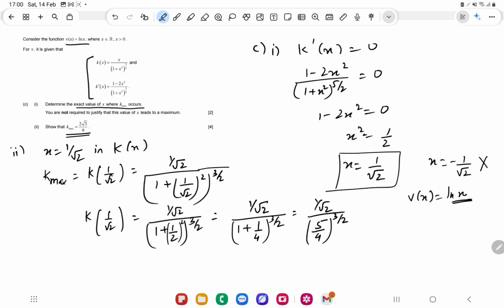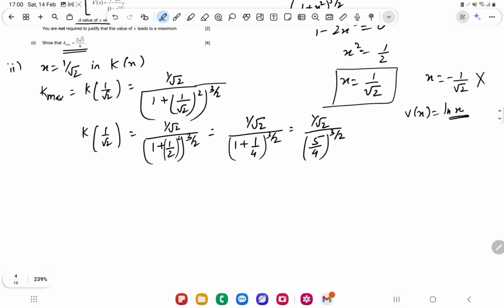Or, because I have to get my answer as 2 root 3 upon 9, instead of writing it as this, I can write the denominator as 3 by 2 to the power 3 by 2.